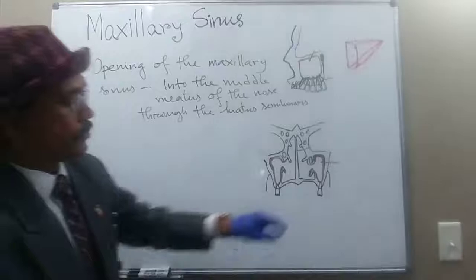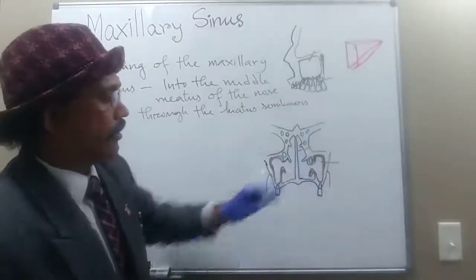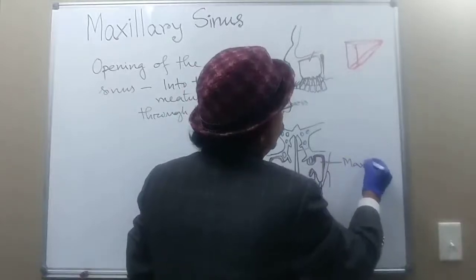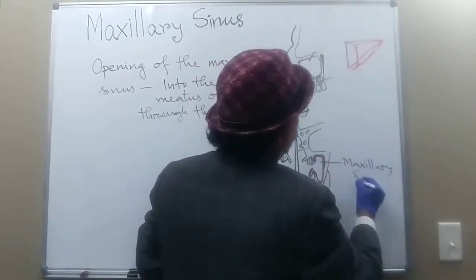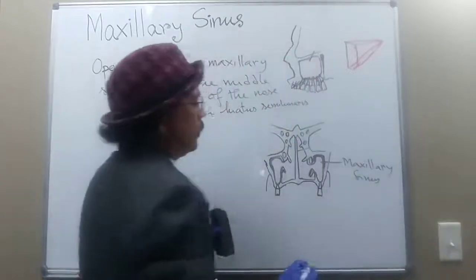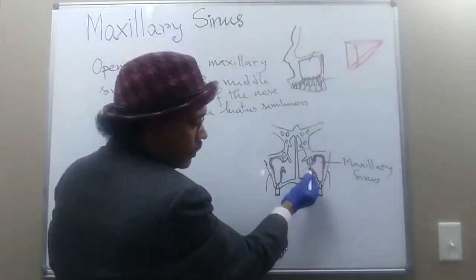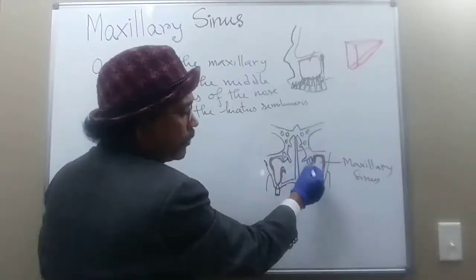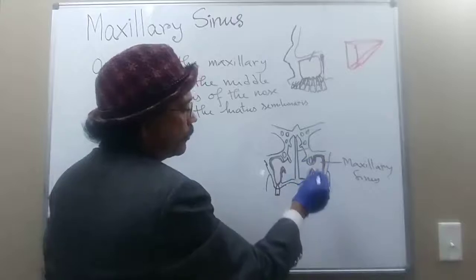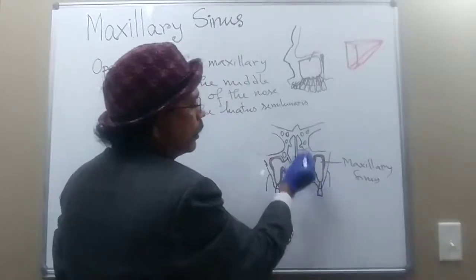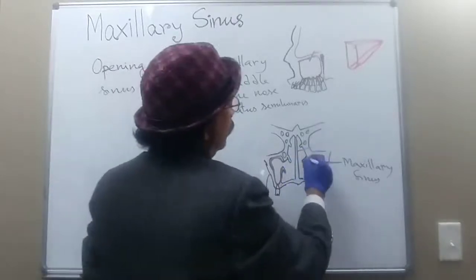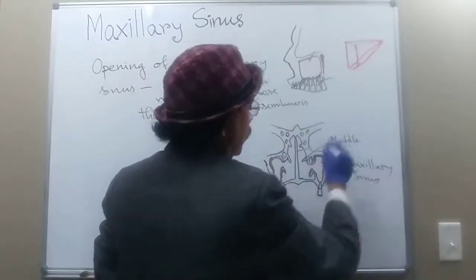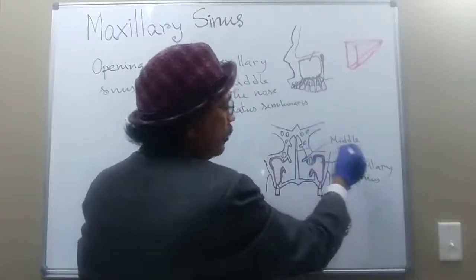Okay, so this is the opening of the maxillary sinus. This is the maxillary sinus. Maxillary sinus is here. This is the middle meatus. This is the middle concha. Just this part is the middle meatus. This is the inferior concha, superior concha. This is the middle concha, and underneath we get the middle meatus.